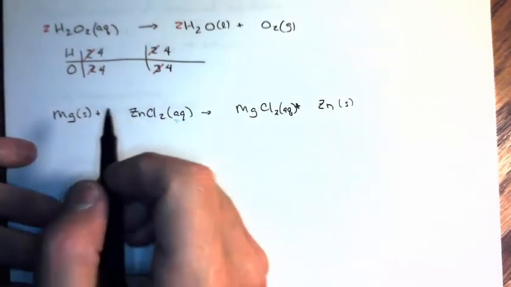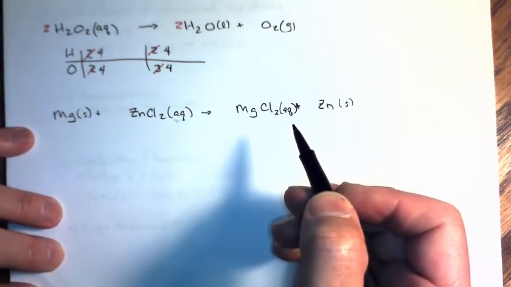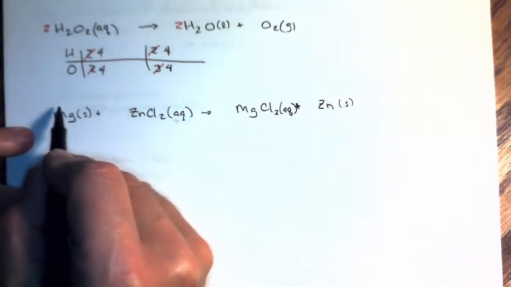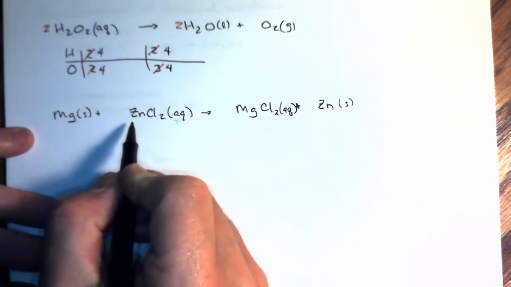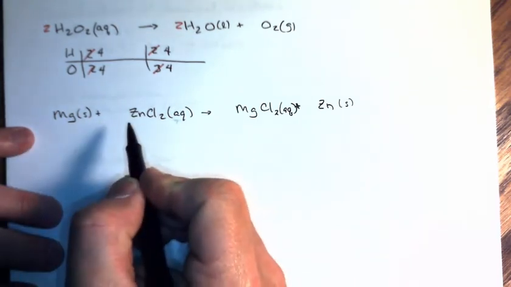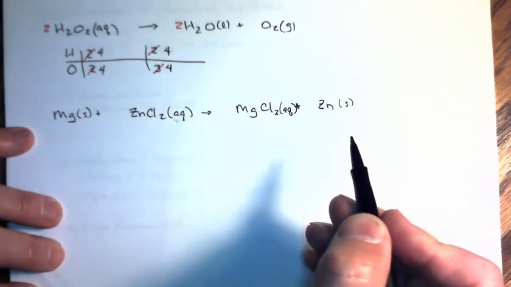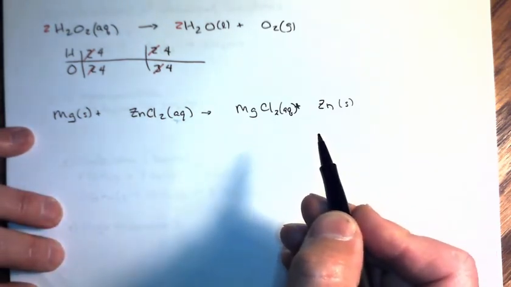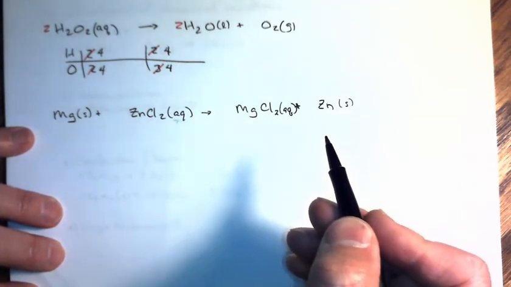All right. So this is an example of a single displacement reaction then. I've got something that's by itself that's displacing something in a compound. Does that make sense? A metal displacing a metal. We need to balance the equation, though. So what are we going to use to balance an equation? Atom inventory.